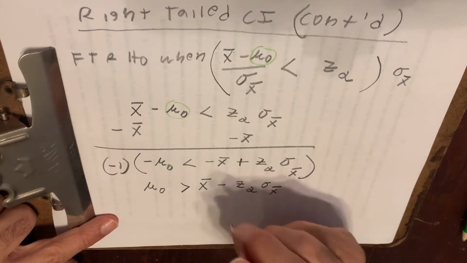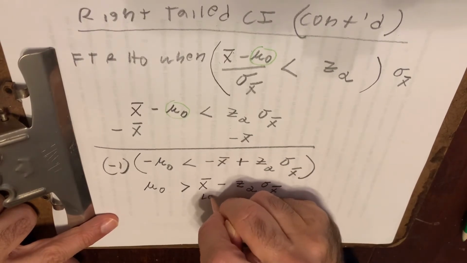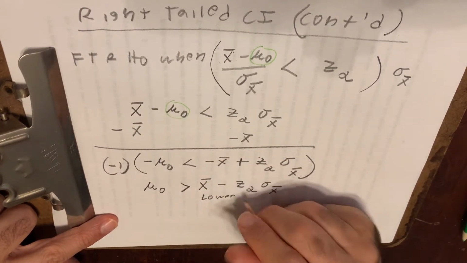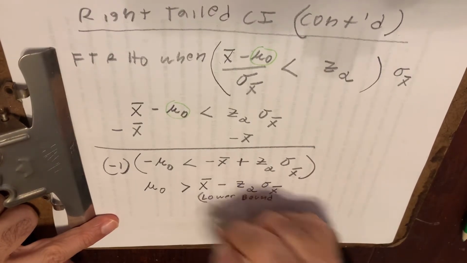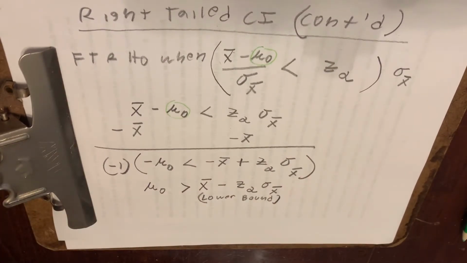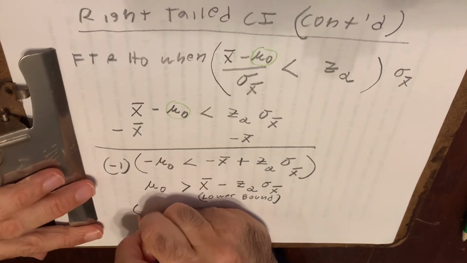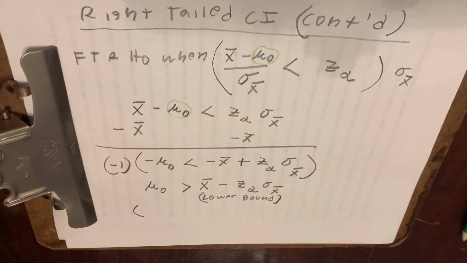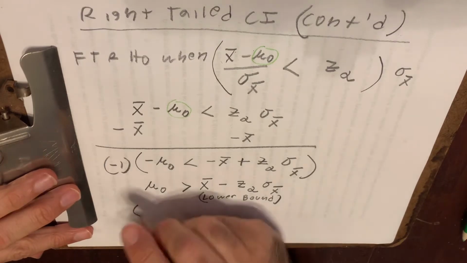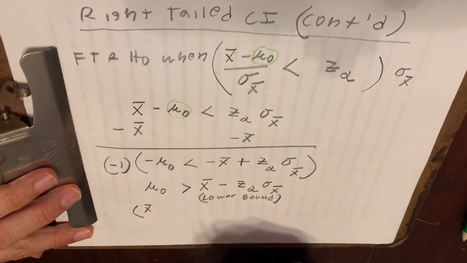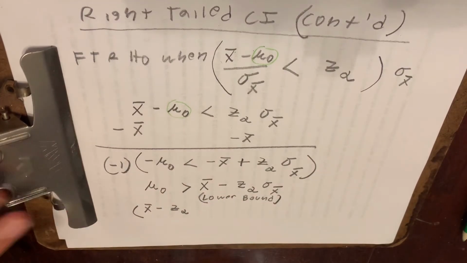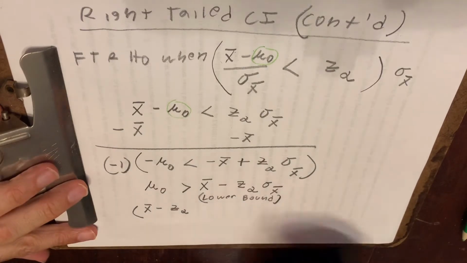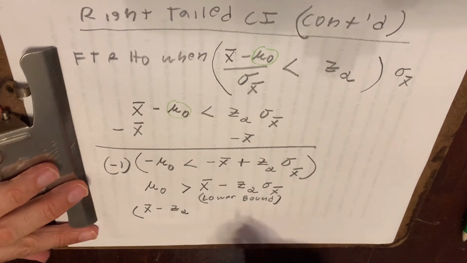This is actually a lower bound of the confidence interval. So using interval notation, our confidence interval is going to start at x bar minus z sub alpha sigma sub x bar, not z sub alpha over 2, because we only have a one-tailed test.